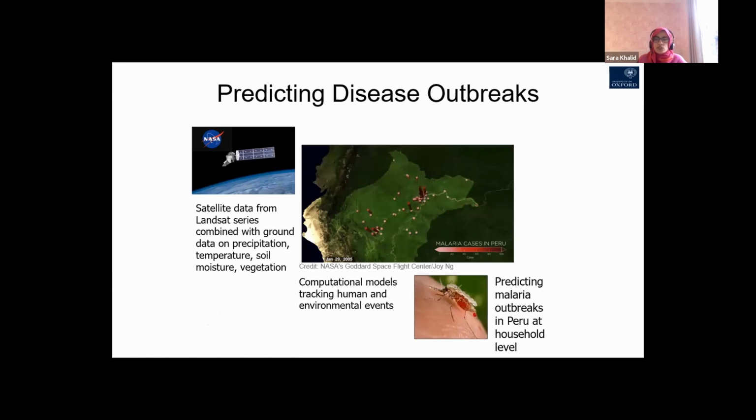Then prediction of disease outbreaks is another area where informatics is involved increasingly. So these images are from some work done by scientists in NASA in 2017, modeling Earth observation data from the Landsat series of satellites to predict malaria outbreaks in the Amazonian region of Peru by modeling human and environmental activity, both with and without a malaria outbreak.